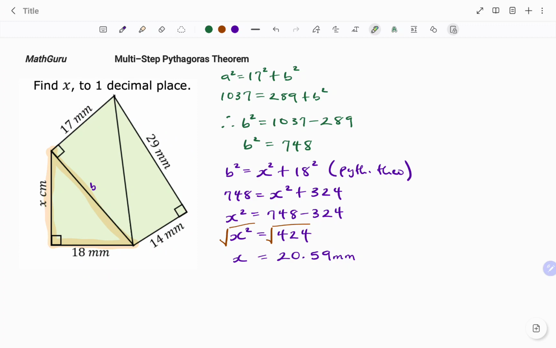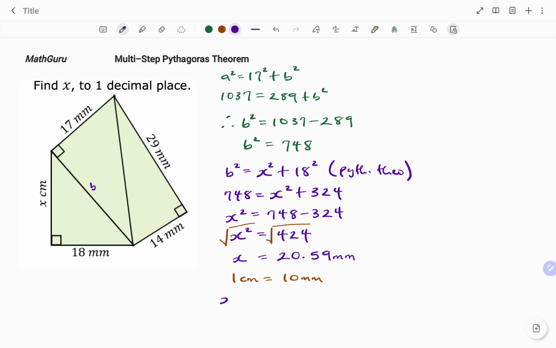But we've been asked to find the value of x in centimeters. So therefore, we know that 1 centimeter equals 10 millimeters. So to change my x in millimeters to centimeters, I'm going to divide by 10.